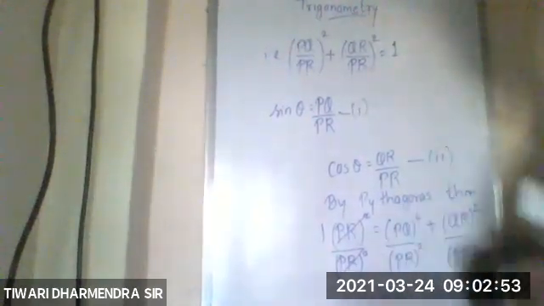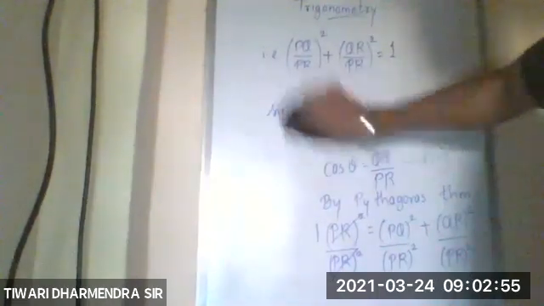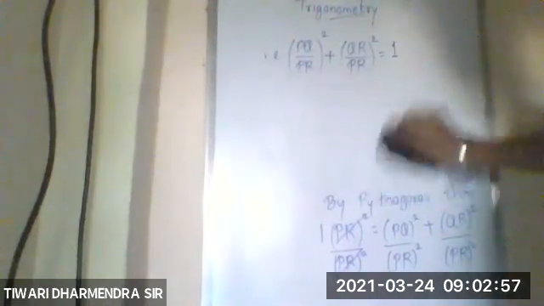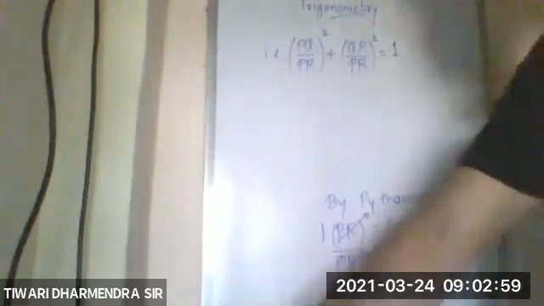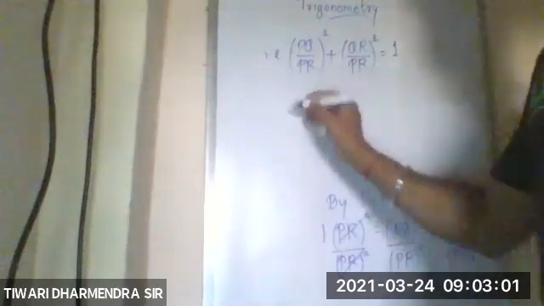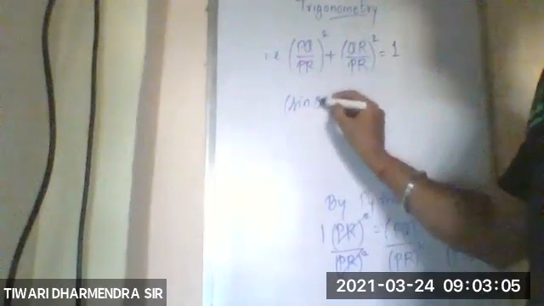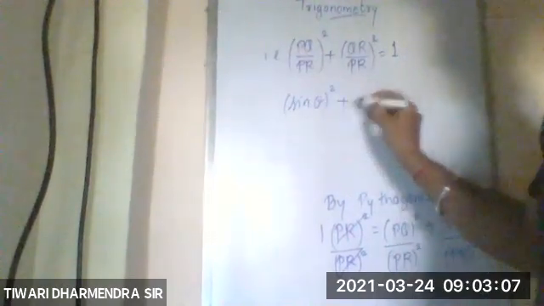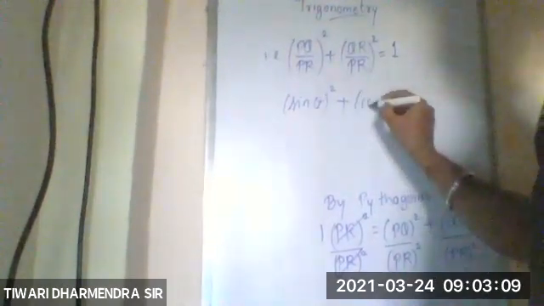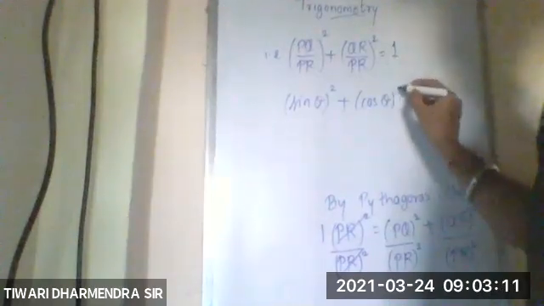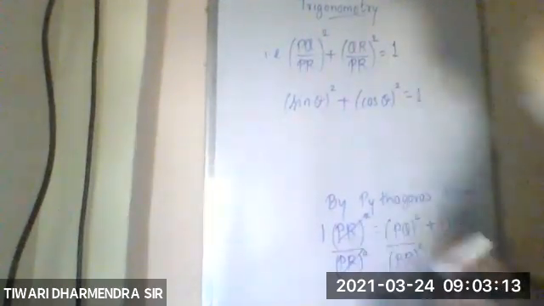So from equation 1 and 2, the value of PQ by PR is sine theta, the whole square, plus cos theta, the whole square is equal to 1.